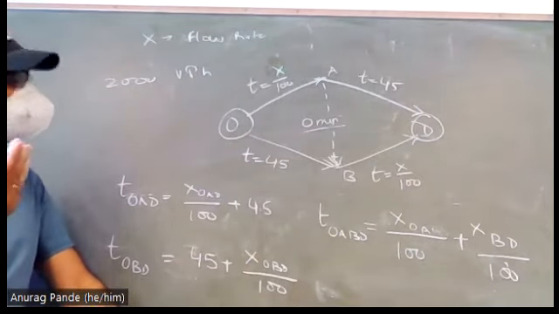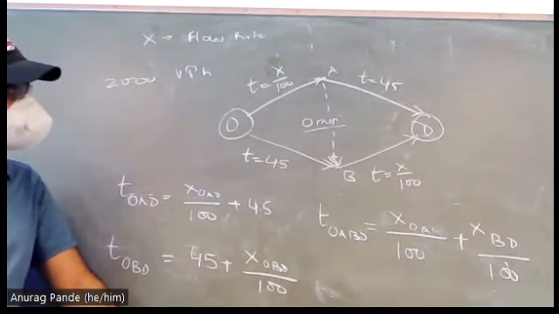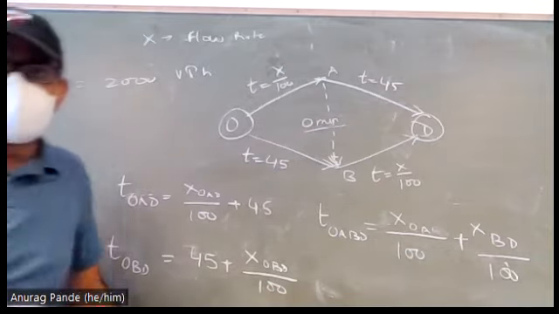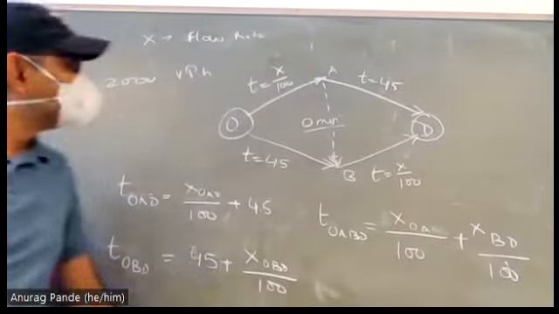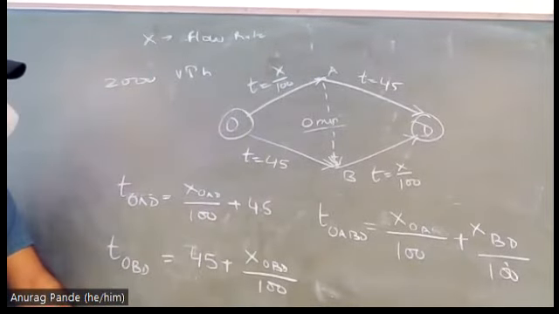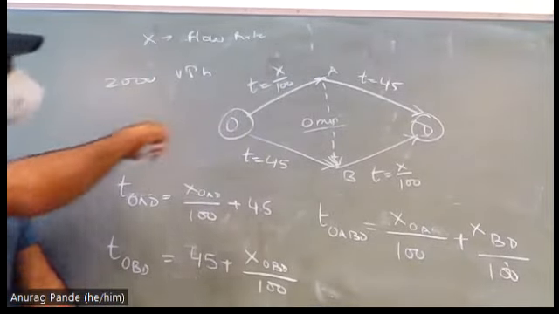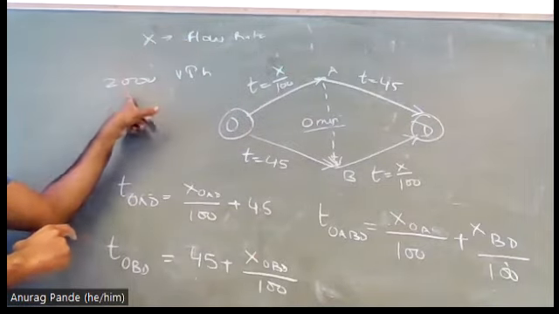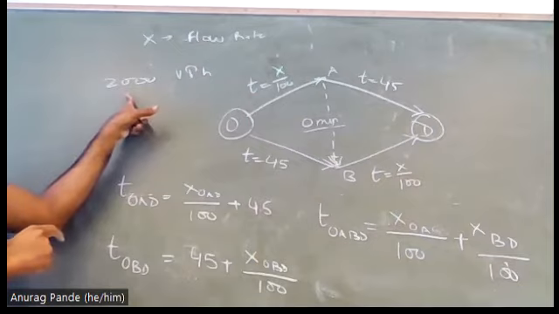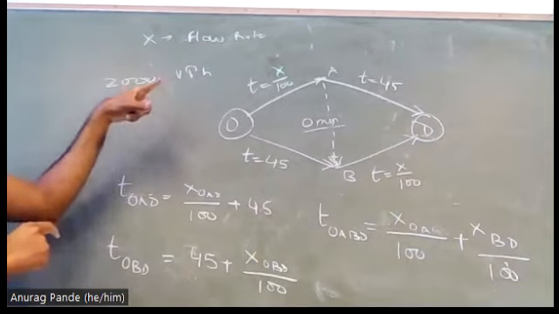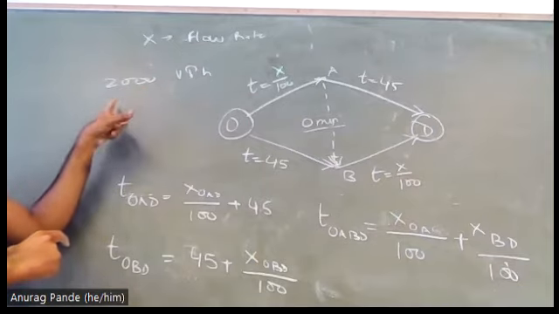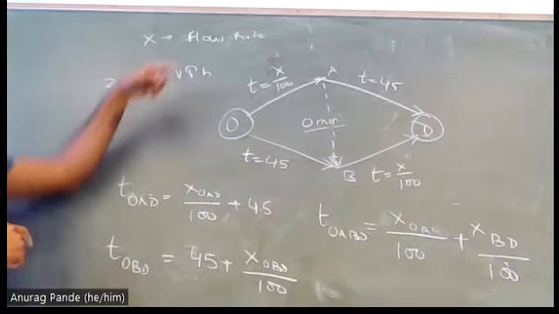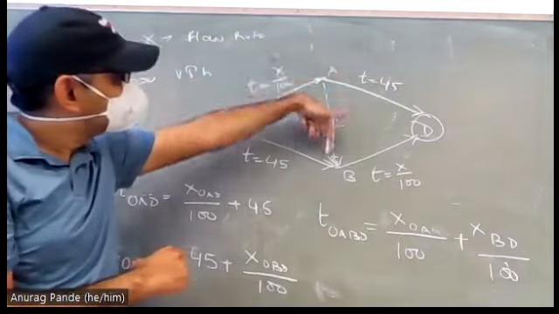So what if the demand was at the 20? Basically what I'm trying to say here is, for the 2,000 vehicles per hour, what was the travel time before? It looks like in this scenario, you're better off, right? So you are better off with this new route.